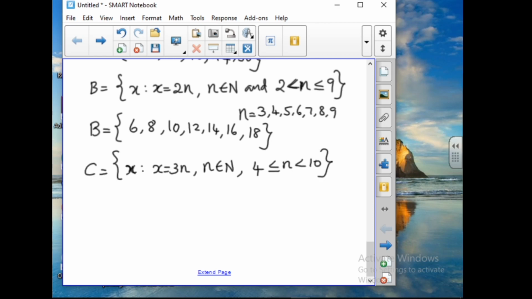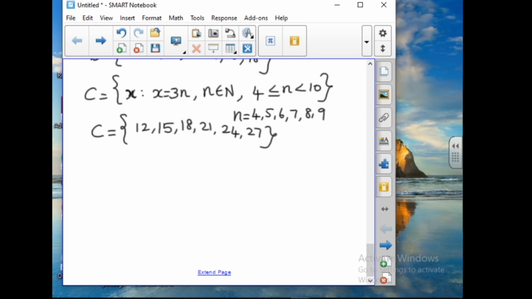So the possible n values are 4, 5, 6, 7, 8 up to 9. 10 is not included. Then you have to find the set C by applying the n values in x. So x is equal to 3n. Each n value you have to multiply with 3. So what do you get? 3 4s are 12, 15, 18, 21, 24 and 27.